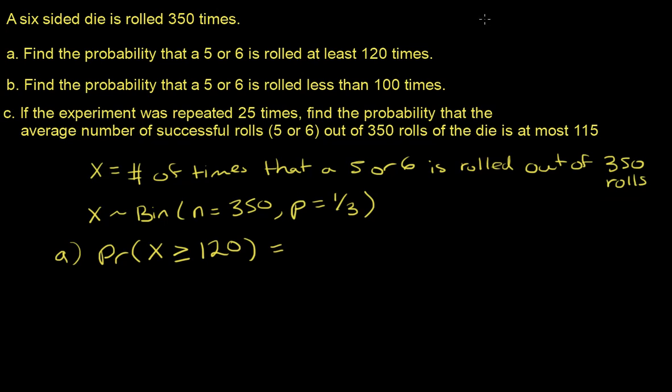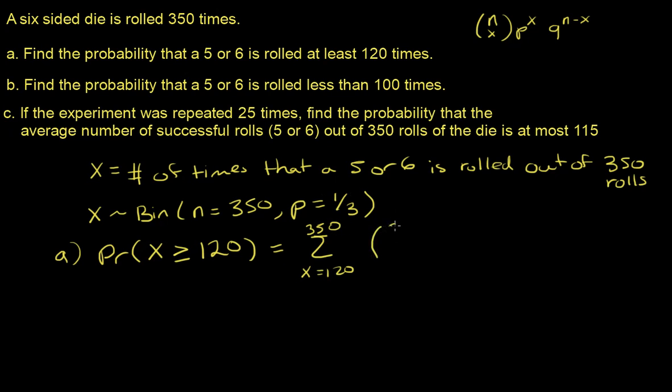Remember, for binomial, it's n choose x, p to the x, q to the n minus x, right? So we would need to sum that up. We need to sum it up from x equals 120 until x equals 350.